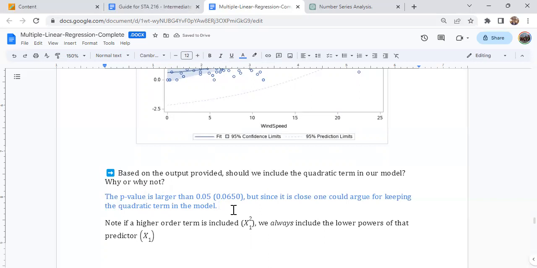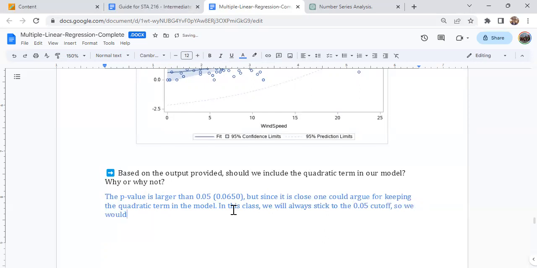So it's a bit of a gray area. To give a definitive answer for what we should do in this class, let's say we will always stick to the 0.05 cutoff just to keep things simple. But note that in real life, that's arbitrary.